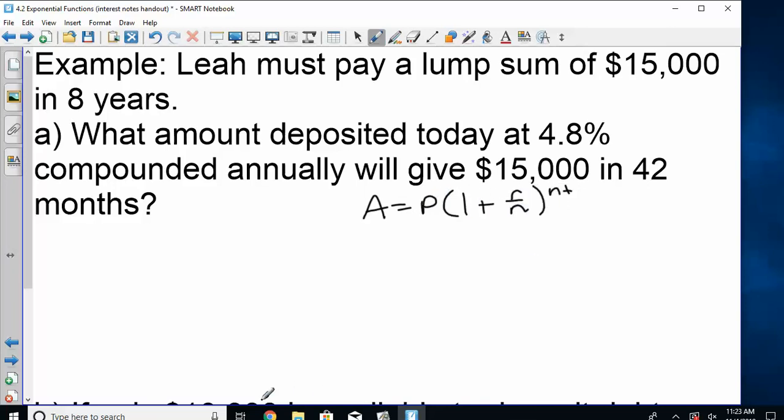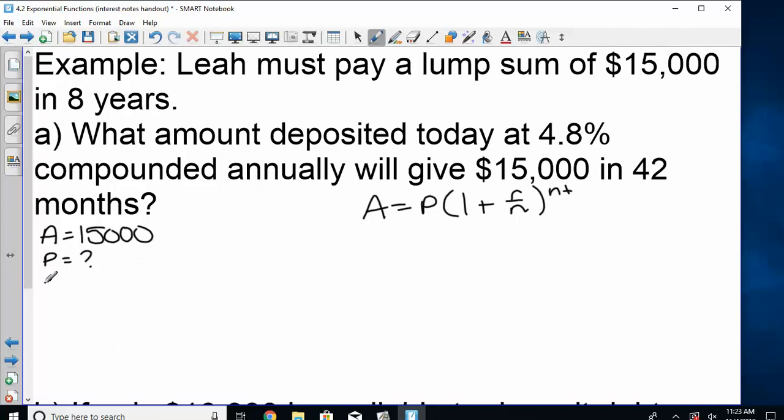Okay, so let's see what we have in this problem. She needs to pay $15,000. So what does that $15,000 represent? That is our A this time. That's what she wants to end with. I'm trying to find what amount deposited today, so I am looking for her P.